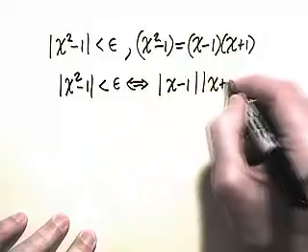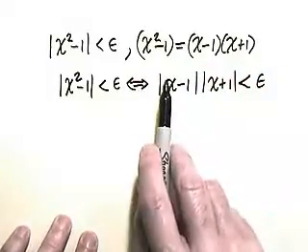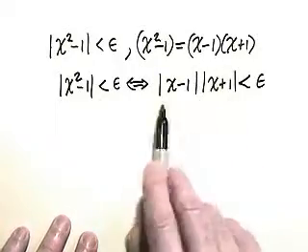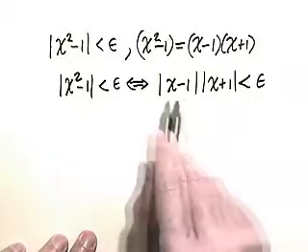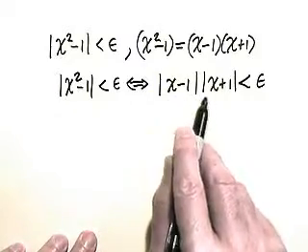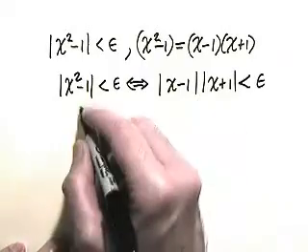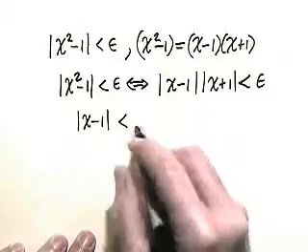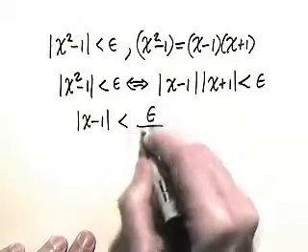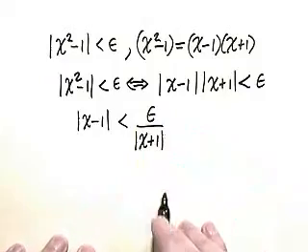Now you can see we could solve our inequality for what we like right away. We could write absolute value of x minus 1 is less than epsilon divided by the absolute value of x plus 1. The problem is we're not allowed to have our delta depend on the x itself. It can only depend on the x naught, which in this case is the number 1.